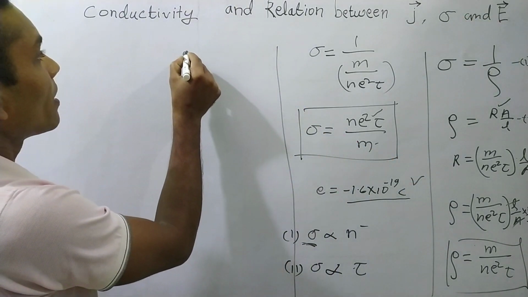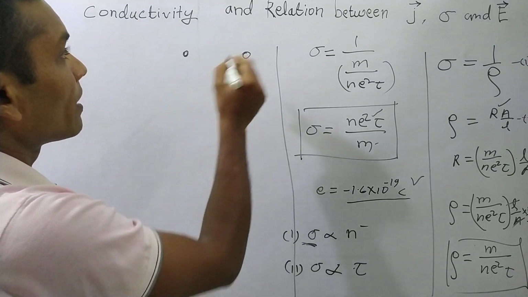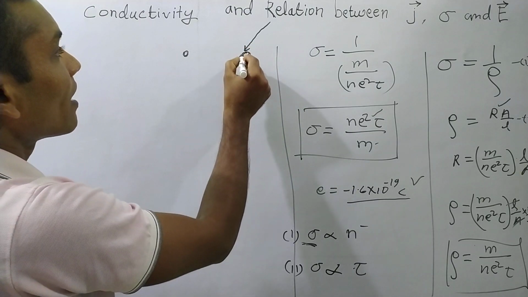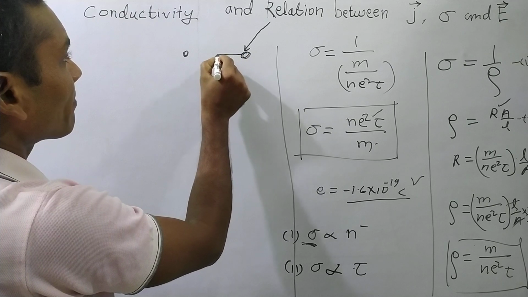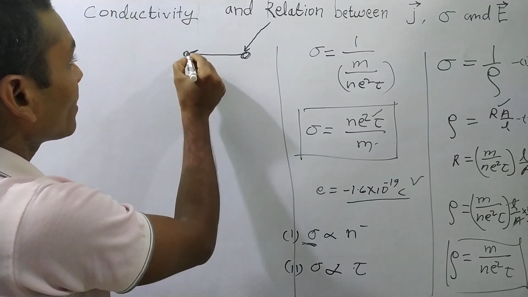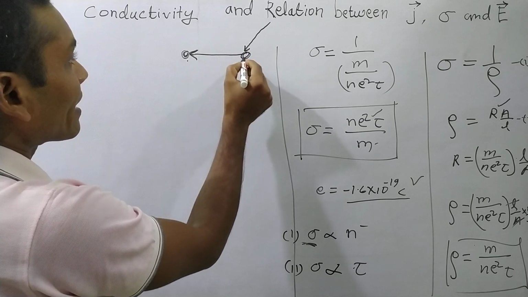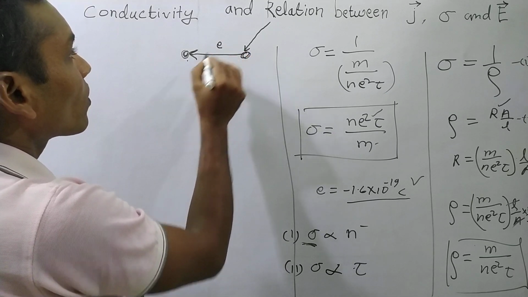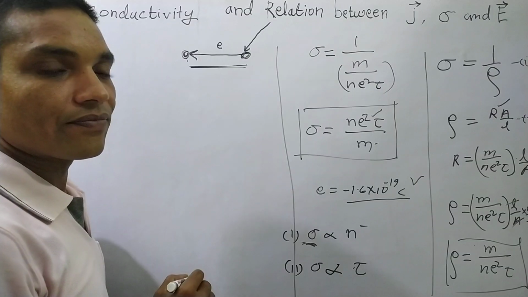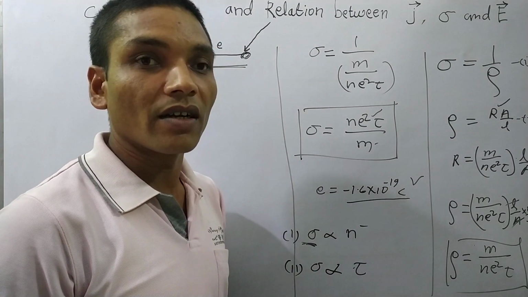Let this be an atom and this be another atom. An electron moving towards an atom collides with it, and after the collision it changes its path, goes along this direction and collides with the next atom. The time taken by the electron to travel from this atom to that atom is the relaxation time. This is the average relaxation time of the conductor.